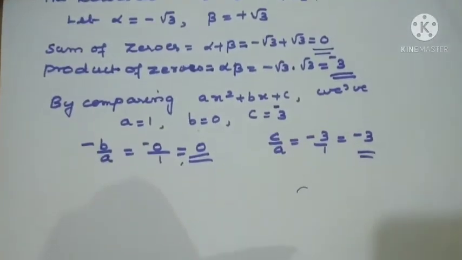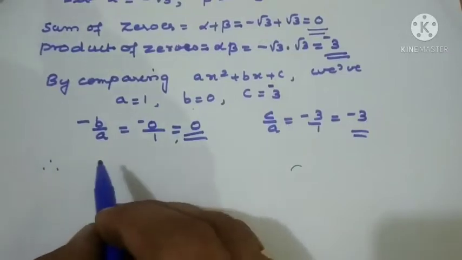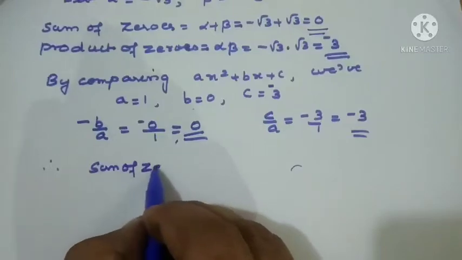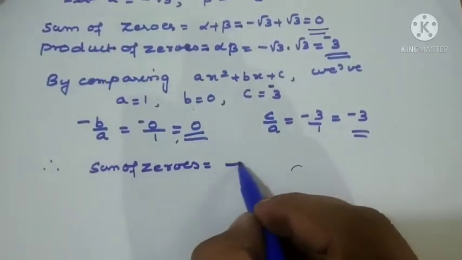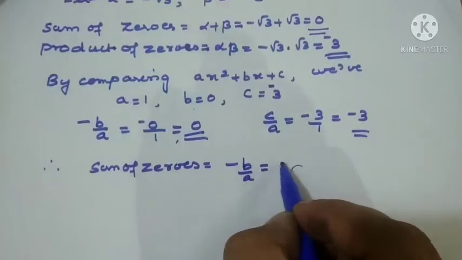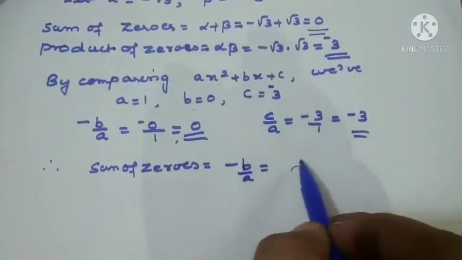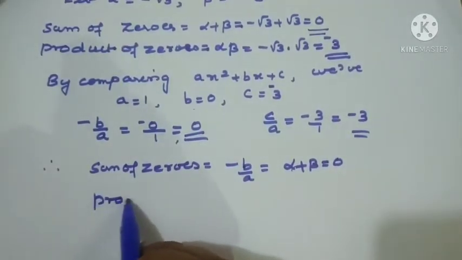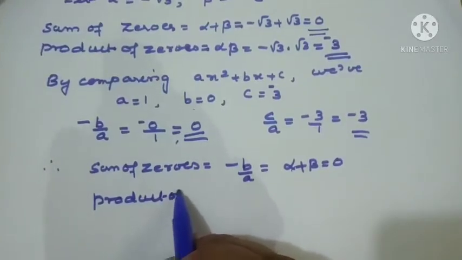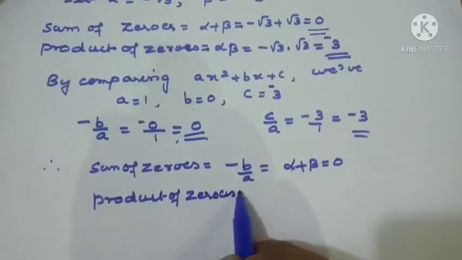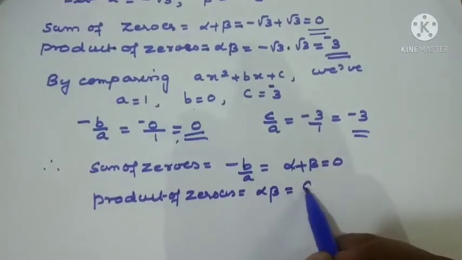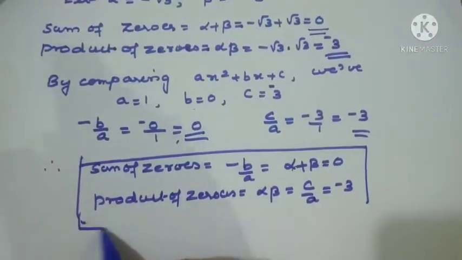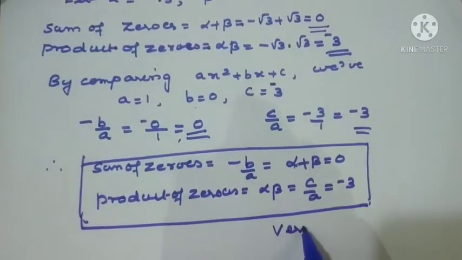Therefore alpha plus beta, or we can write sum of the zeros equal to minus b by a, alpha plus beta equal to 0. Product of the zeros, alpha into beta equal to c by a equal to minus 3. What should I write? Verified.